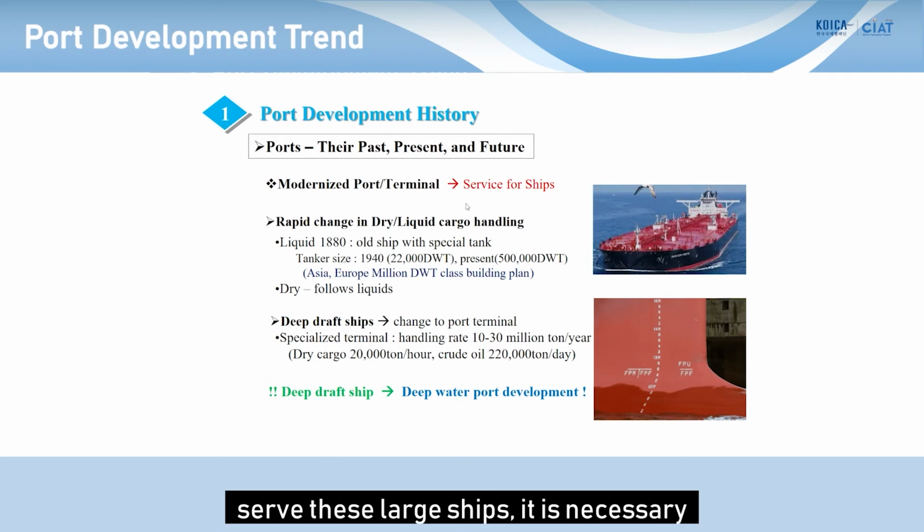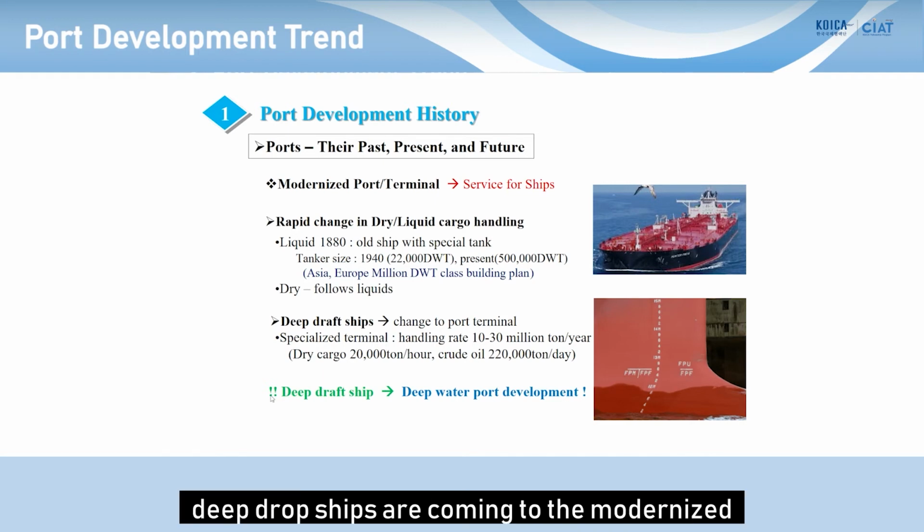Therefore, in order to serve these large ships, it is necessary to dredge the port waterway or the turning basin, and also the berthing area to have a ship moored. Nowadays about 16 meters to 20 meters deep draft vessels are coming to the modernized port terminals.